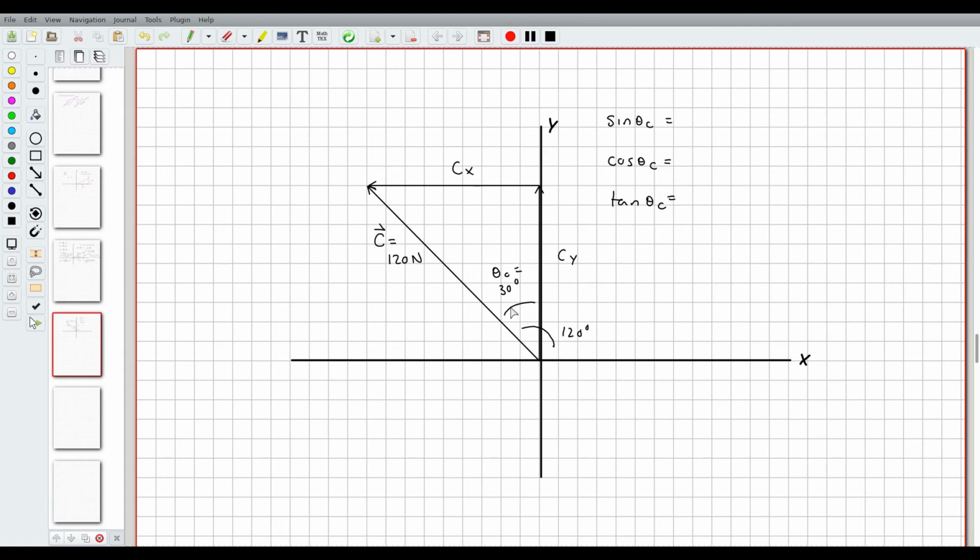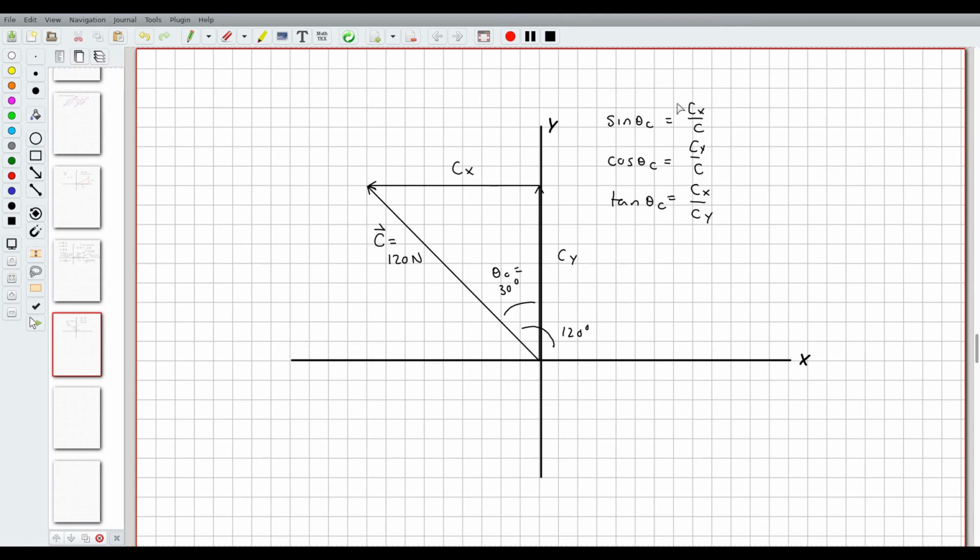The side now that's opposite is the x direction. Cosine is adjacent over hypotenuse. Y is adjacent. Opposite over adjacent, just like that. Now, I want to find the components here.